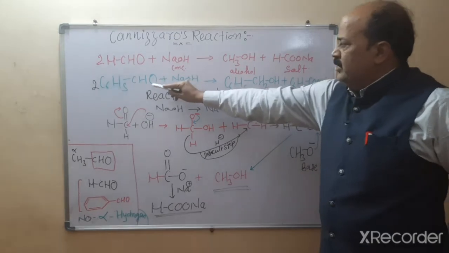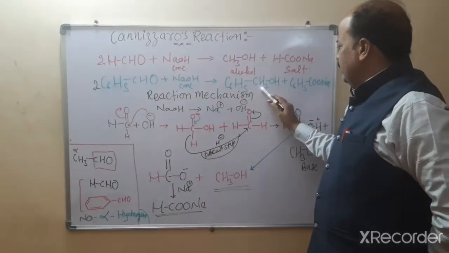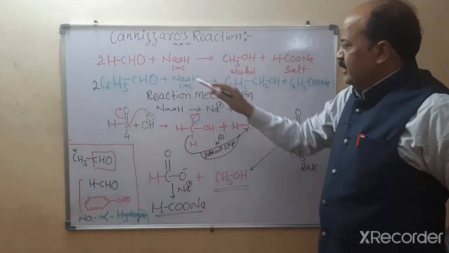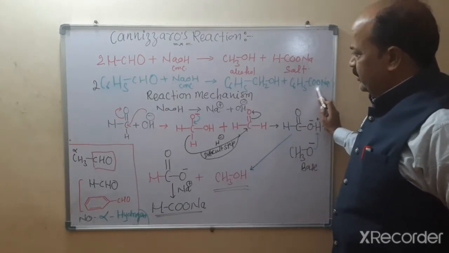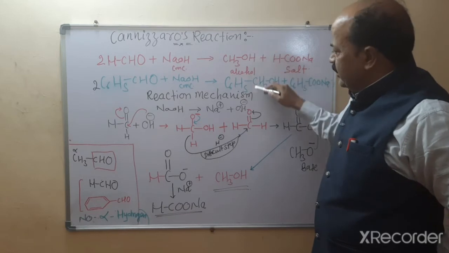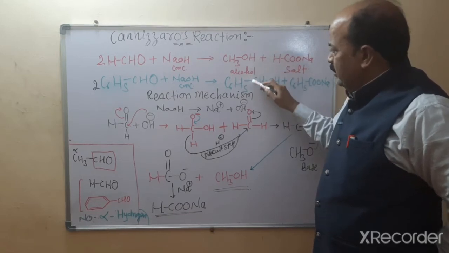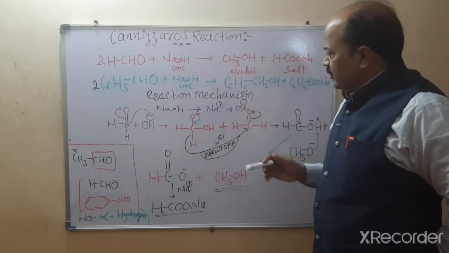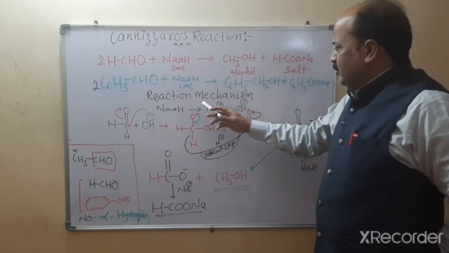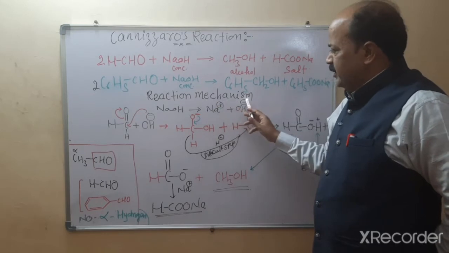There is one hydrogen attached to this carbon, here one increases, and the second aldehyde's carbon is oxidized because addition of oxygen takes place. So these are the two reactions given here, and both are in your syllabus, so this is very important. Now I am going to discuss the reaction mechanism.